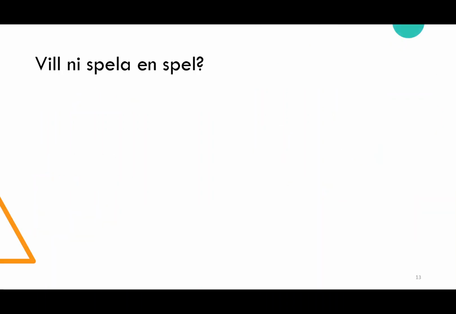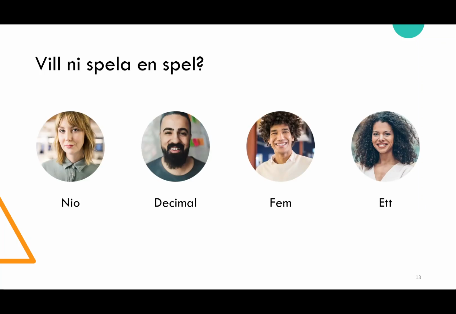Another game I'd like you to try. Each of the faces here represents a different number, or in this case also a decimal. So this lady represents 9. This man here represents a decimal. This man here represents 5. And this person represents 1.